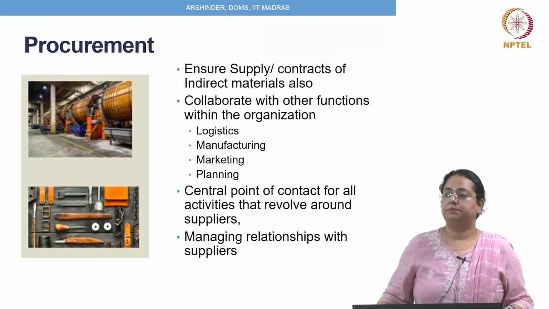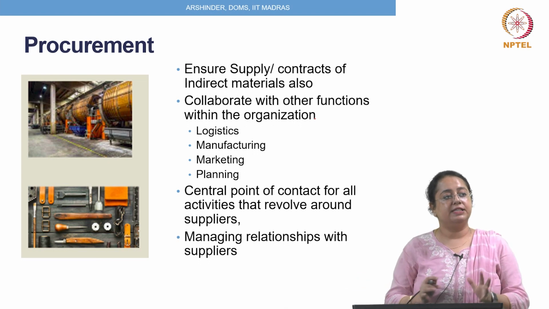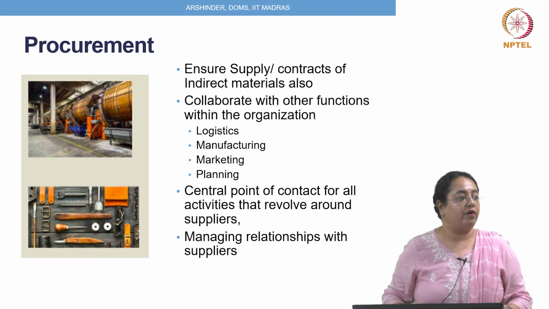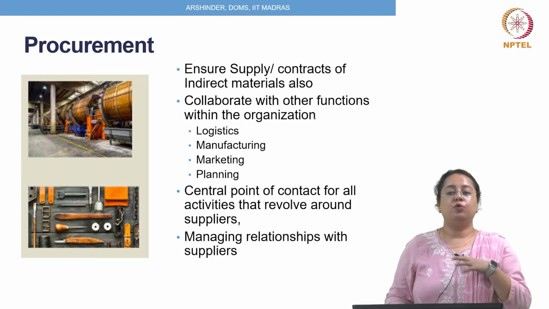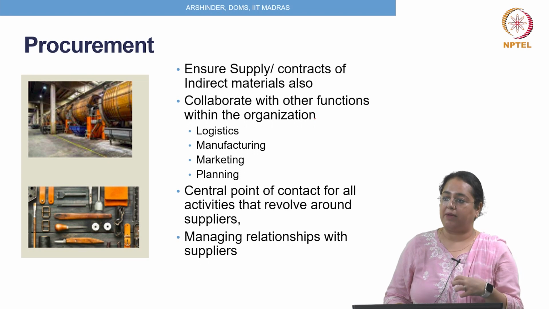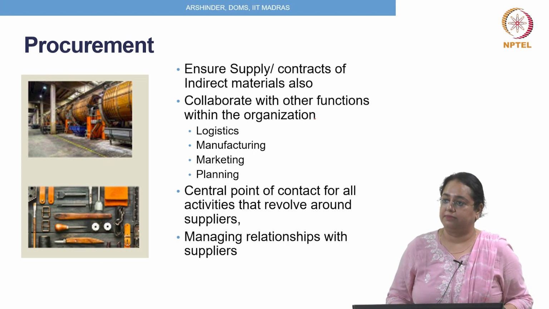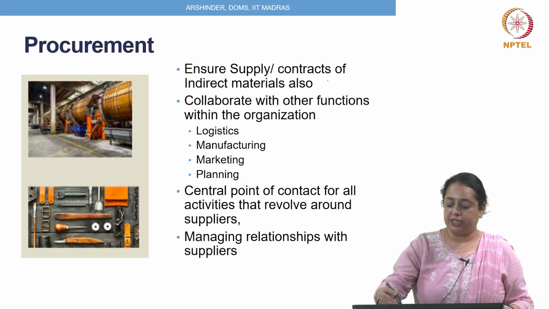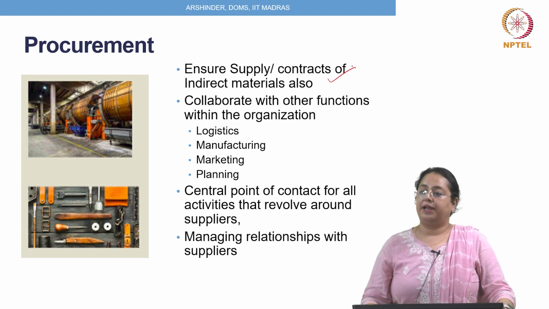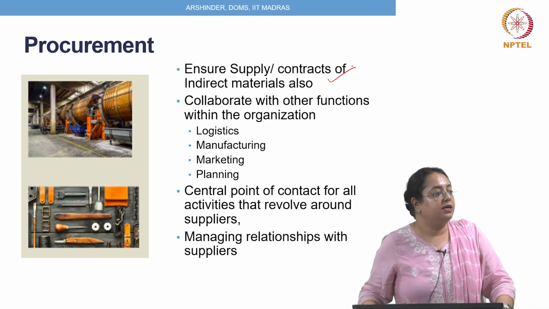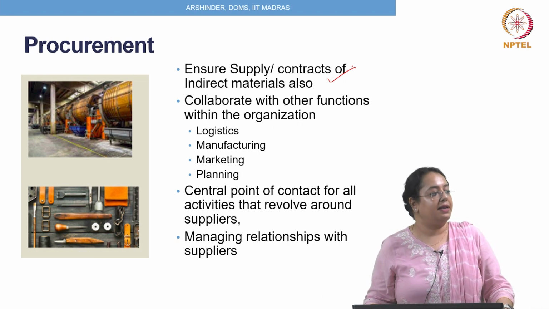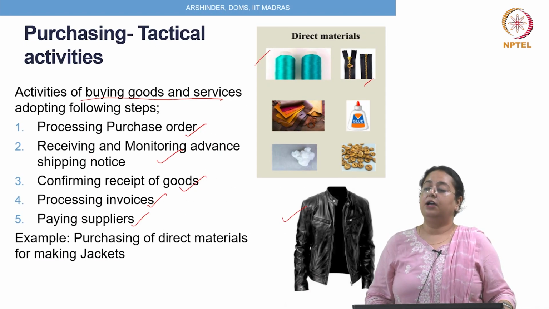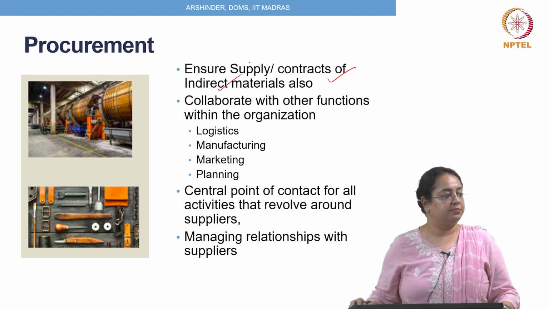However, these are not the only activities which come under the purview of sourcing. To make all these activities happen and to strengthen them, the supply management function has to ensure that the right supply contracts are in place, not only for direct but even indirect materials.